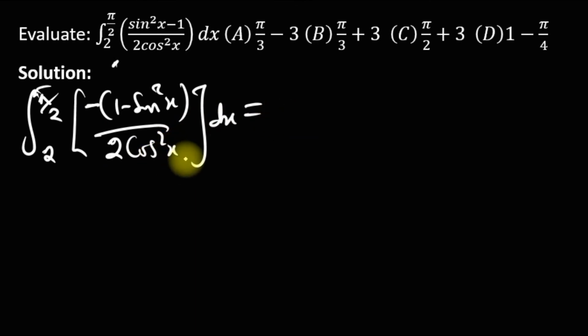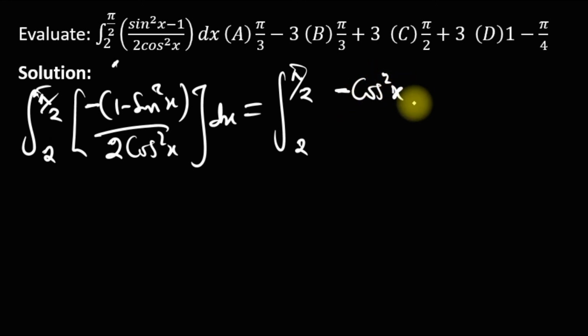If you remember from the trig identity, 1 minus sine squared is cos squared, so we have minus cos squared x over 2 cos squared x dx, because from the Pythagorean identity, sine squared plus cos squared is 1.